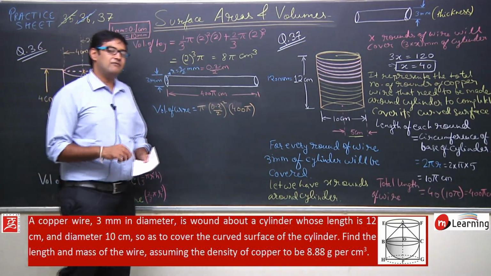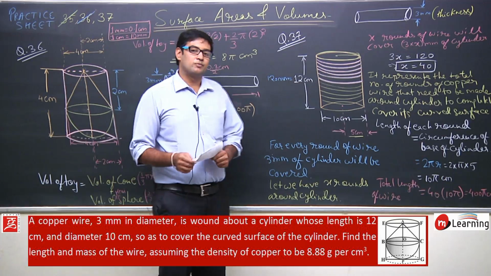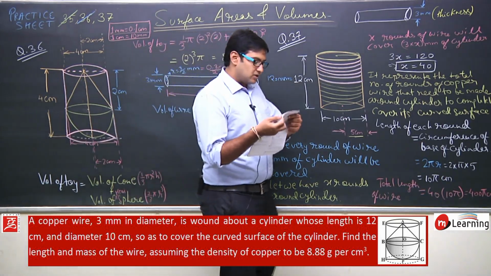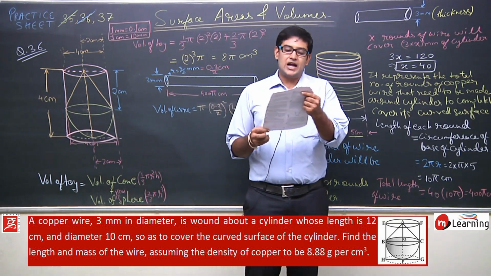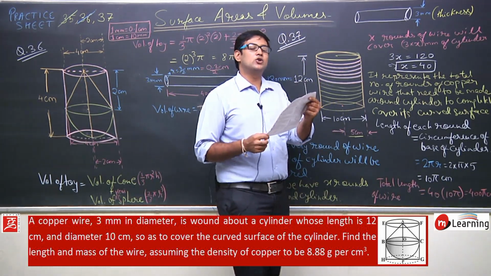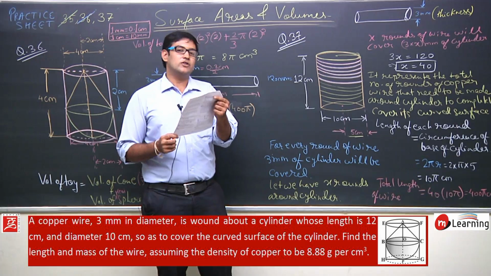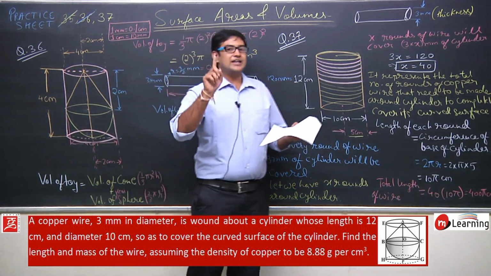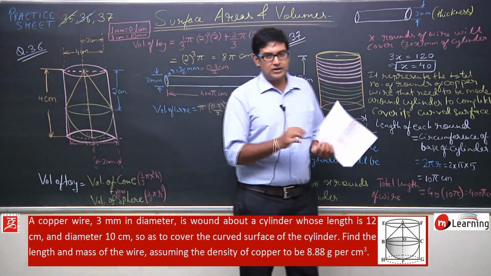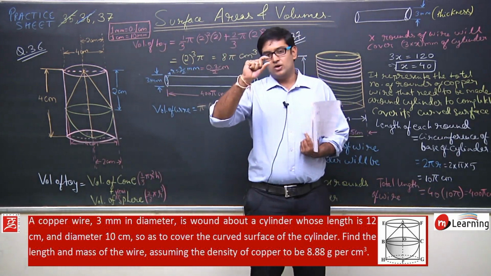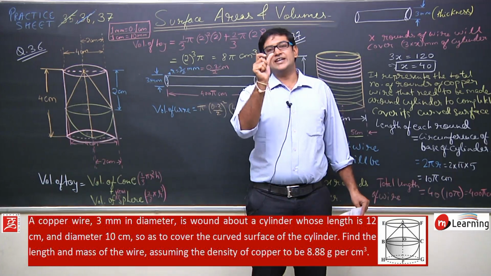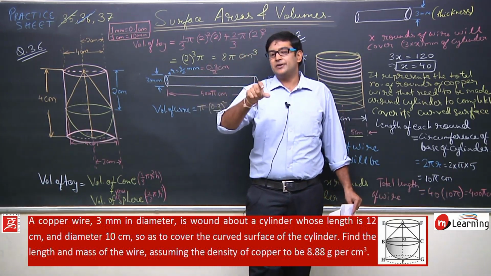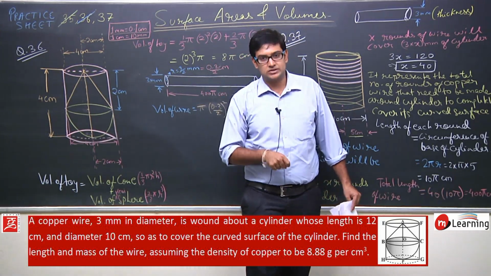Now try to understand why I have calculated the volume, because it says that 8.88 gram per centimeter cube is the density of the copper. So it means if I take a small cube of copper which is 1 centimeter by 1 centimeter by 1 centimeter, then its mass will be 8.88 grams.